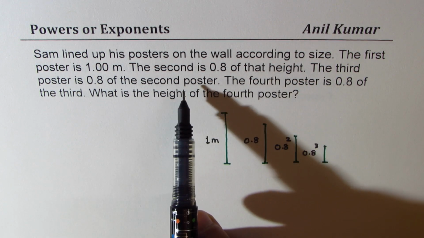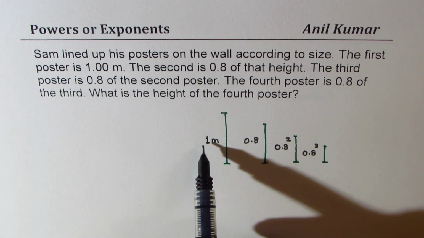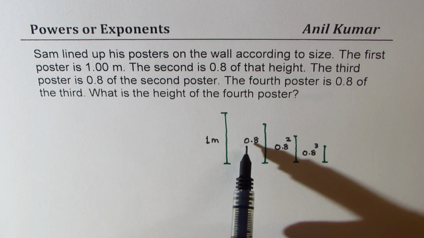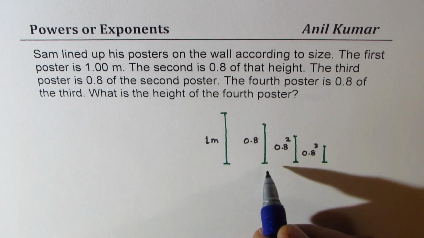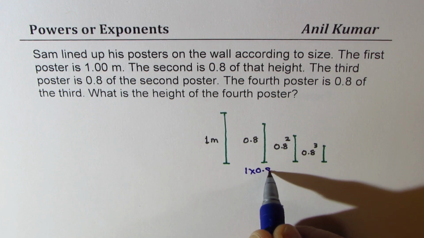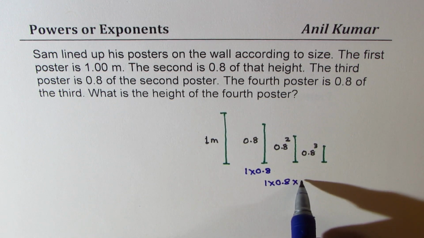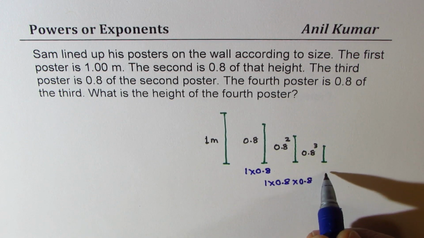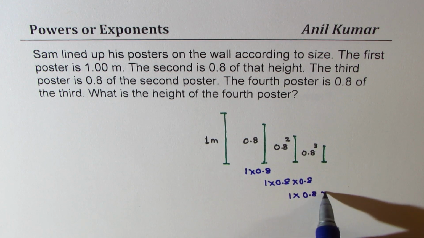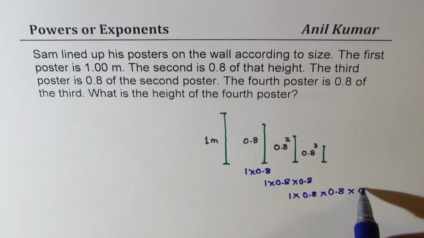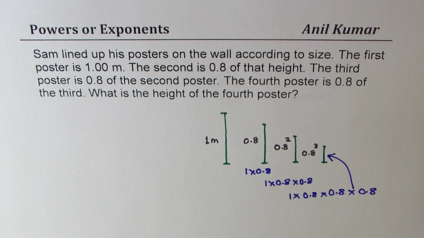So at this stage we are writing 1 times 0.8, then 1 times 0.8 times 0.8, and then the fourth one, 1 times 0.8 times 0.8 times 0.8. Now that is what 0.8 cube is.